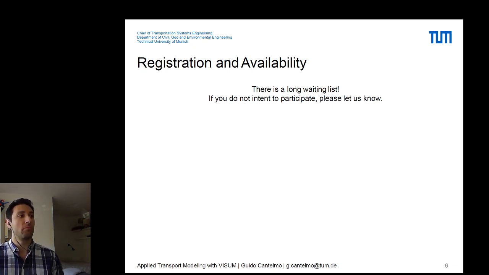So as far as we know, everybody should be accepted. If there is some additional problem, again, write to us, and we'll see what we can do. Of course, there is a limit in the course, but if we're talking about 42, 45 people, it should be okay for us. Of course, if you do not intend to participate, let us know.